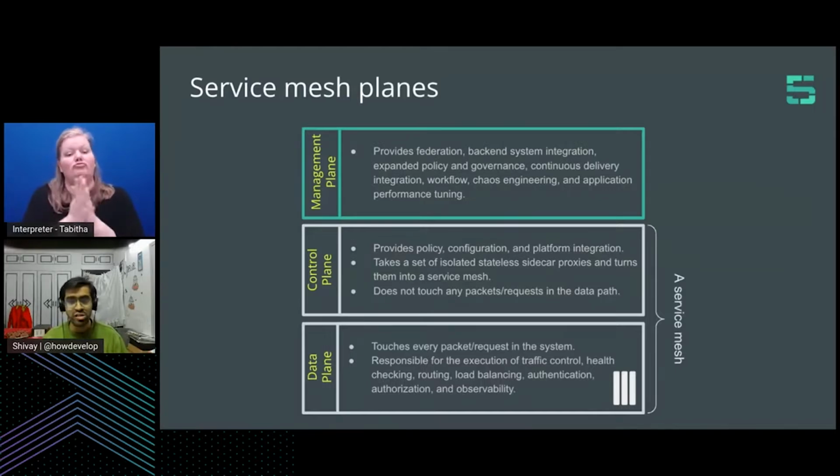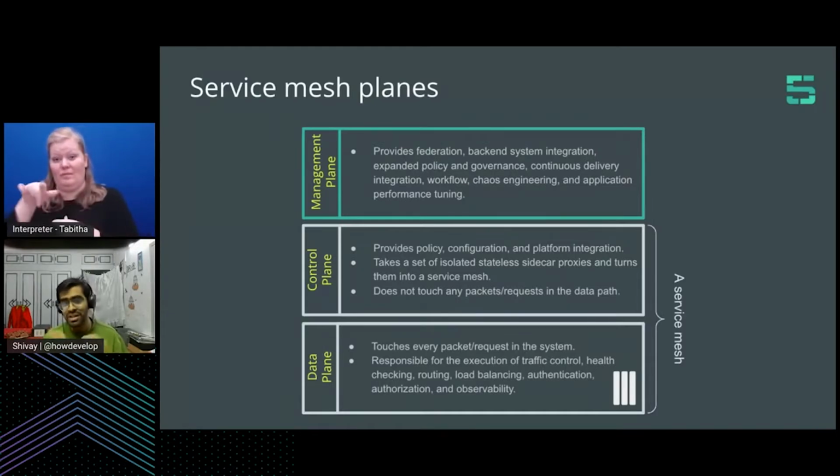We are regularly checking the health of our network, and whether it's related to load balancing, all of that is managed with the help of the data plane. Now, coming to the control plane, that's where the entire configuration about how these services are going to be interacting with each other is going to be maintained. So a service mesh essentially allows you to control both the data plane and the control plane.